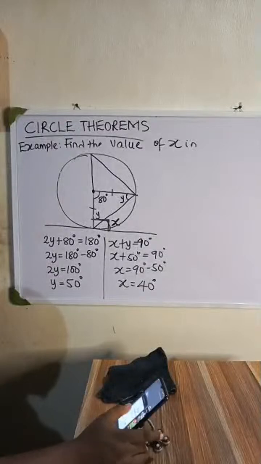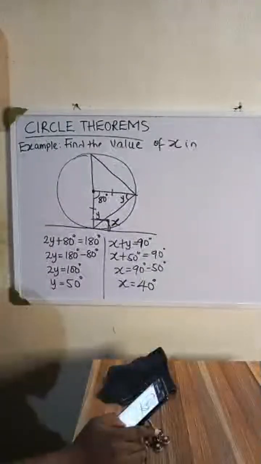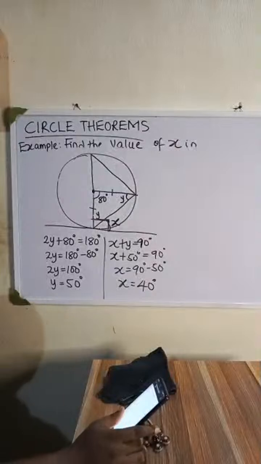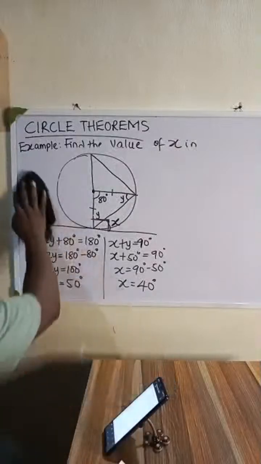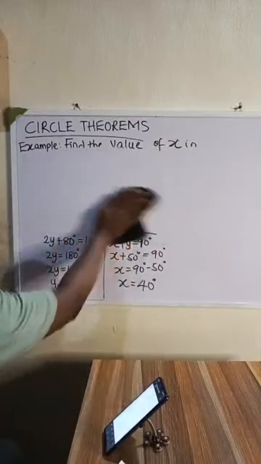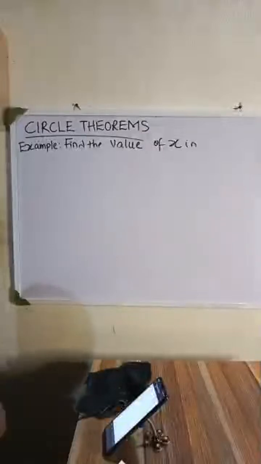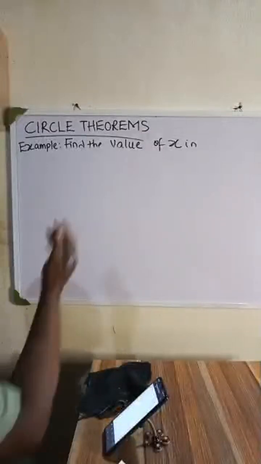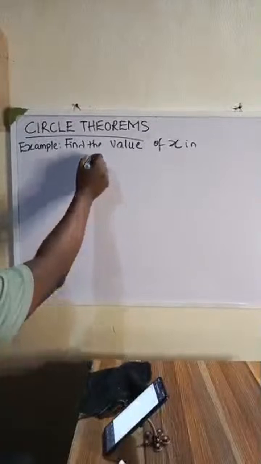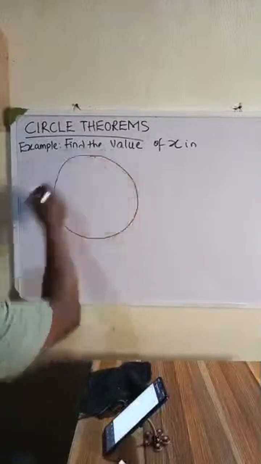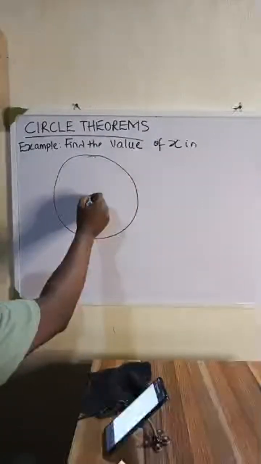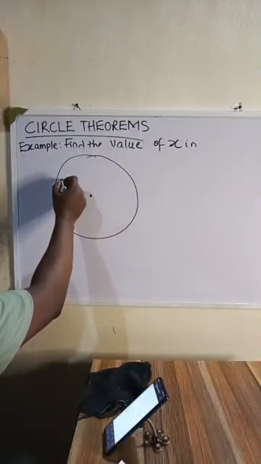Let's see if I can see a question. Let's see. Okay, one more question. So we're still finding the value of x. Imperfect circle.